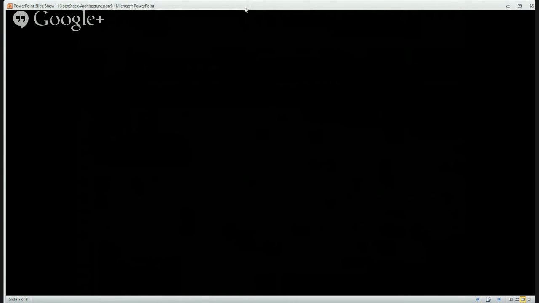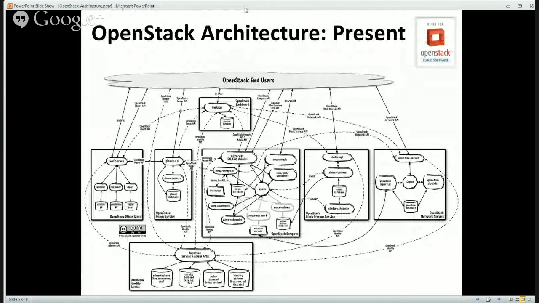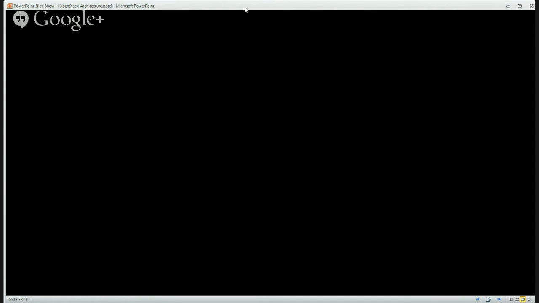So not to worry, we will be doing a deep dive into every one of these projects in much greater detail. But hopefully by this time, you have a solid understanding that since OpenStack started, it has grown into a pretty big project, and it's pretty popular.